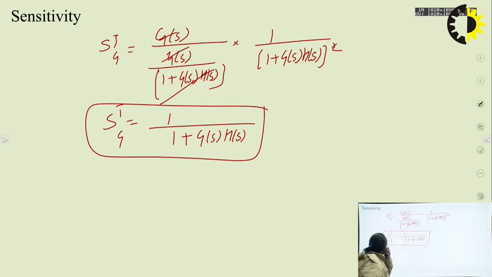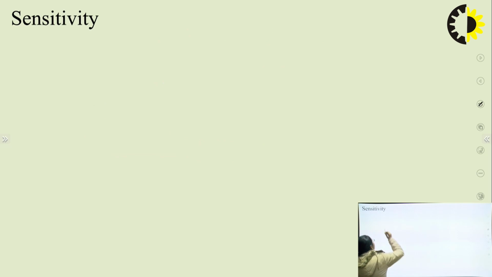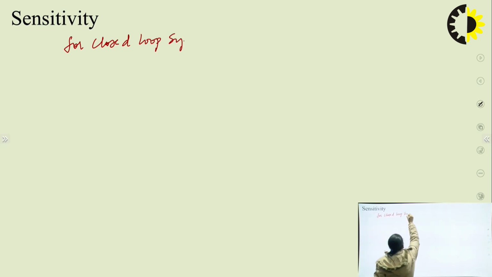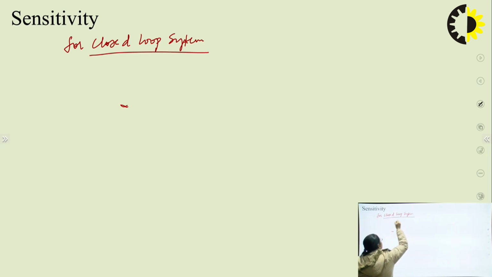This is the variation with parameter G. Now, if we find out the sensitivity of the transfer function of the closed loop control system with respect to parameter H. Okay, sensitivity for closed loop system, here I can write S^T_H, sensitivity with respect to the feedback.